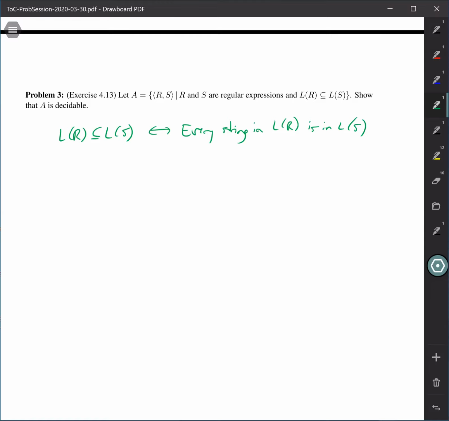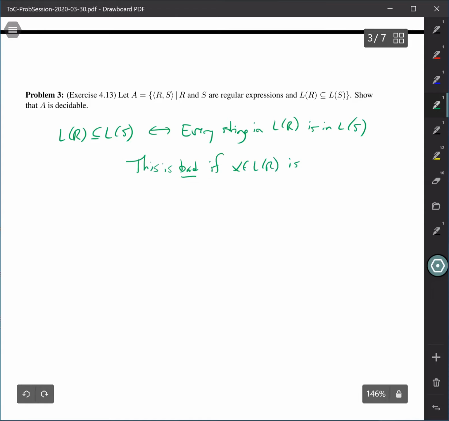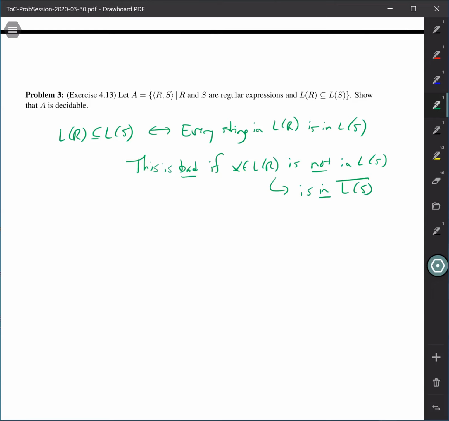Let me flip the sense of this around. Okay, so this is how you can reason about this with sets.